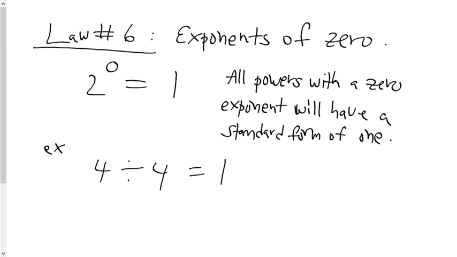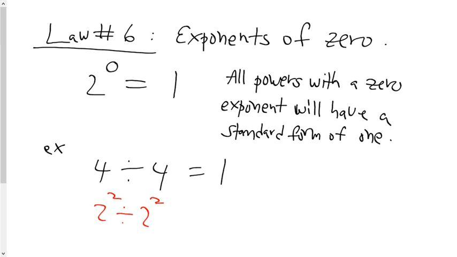That's a basic fact in the world of numbers. If I think of it in the world of powers, I know that this question could be written as 2 squared divided by 2 squared. That's the red question and the black question, Tiana, since you're locked in and copying this down, are the exact same thing. So the black question, 4 divided by 4, and the red question, 2 squared divided by 2 squared, are the same thing.